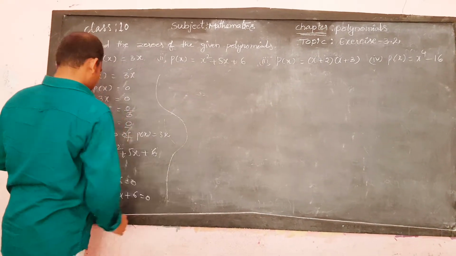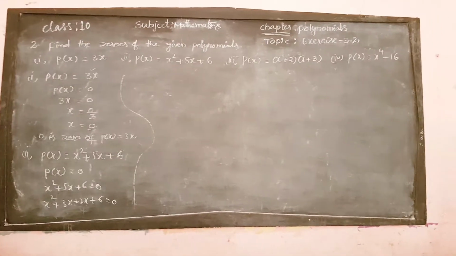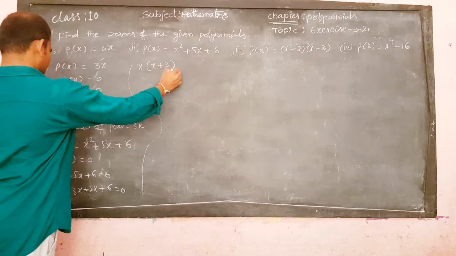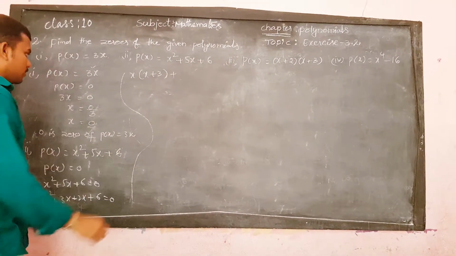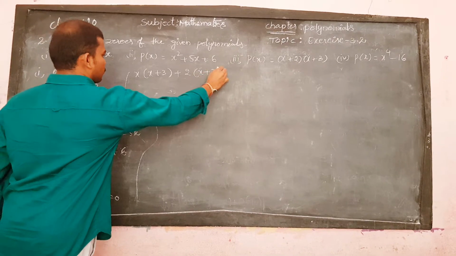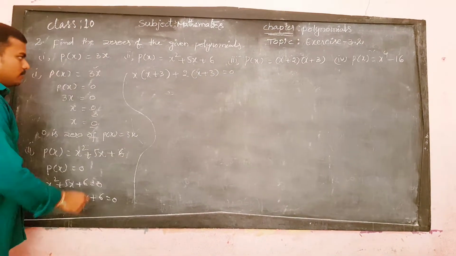Taking common terms, x plus 3, and 2 taken common into x plus 3, equals 0.